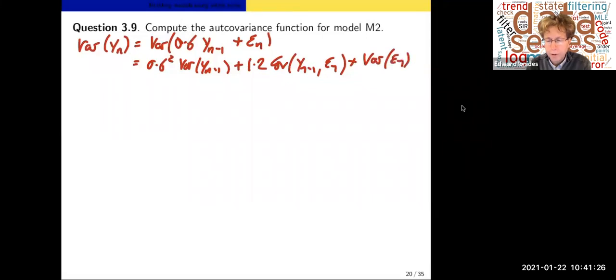The variance of epsilon n is equal to 1. The covariance of yn minus 1 and epsilon n is equal to 0.